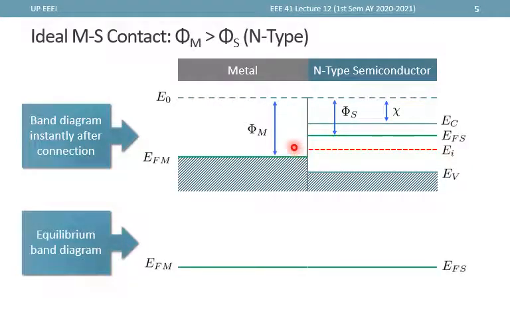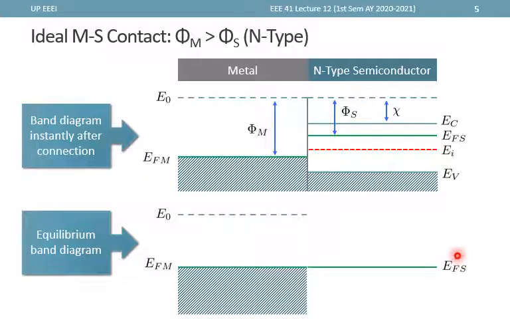Now, when we draw the energy band diagram at thermal equilibrium, the first thing that we can draw is a flat Fermi level for both the metal and the semiconductor. For the metal, we know that the work function must be constant. It is an intrinsic property of the material, and therefore we can locate E naught at this portion.